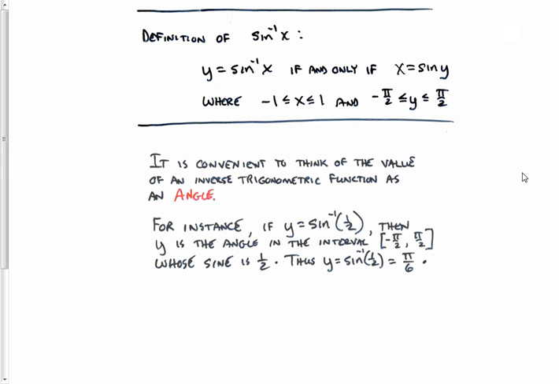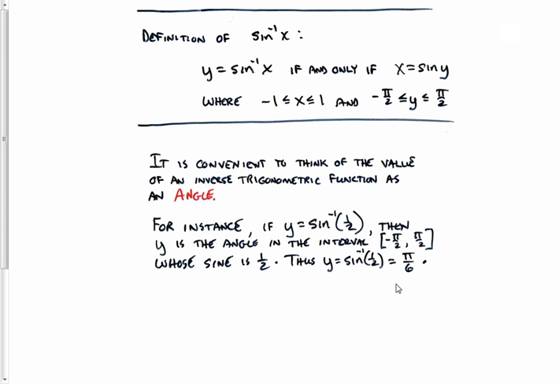And when we're actually working on problems, as I've been mentioning, it's convenient to think of the value of the inverse trig function as an angle. In other words, the result, the y, the value of inverse sine, we think of it as an angle. So if we see y = inverse sine of 1/2, then y is the angle that falls in the interval between -π/2 and +π/2, whose sine is 1/2.